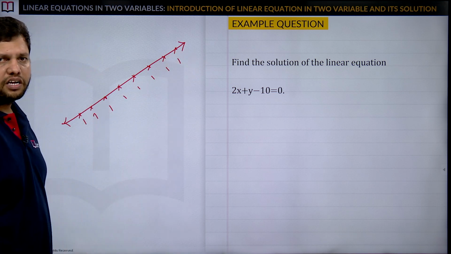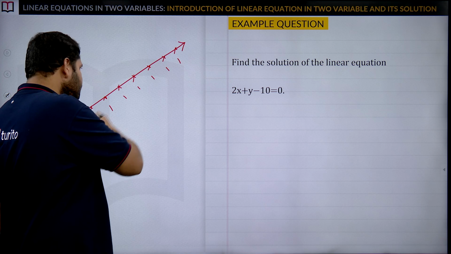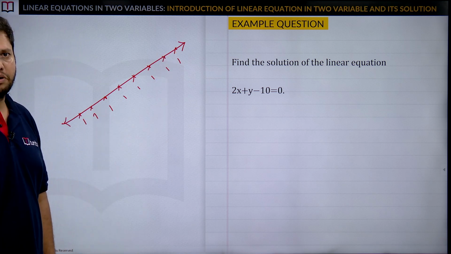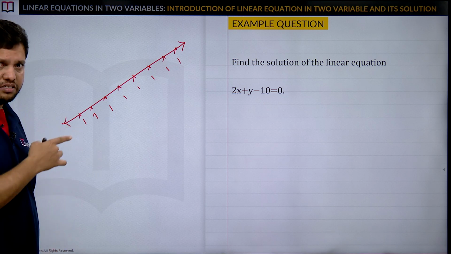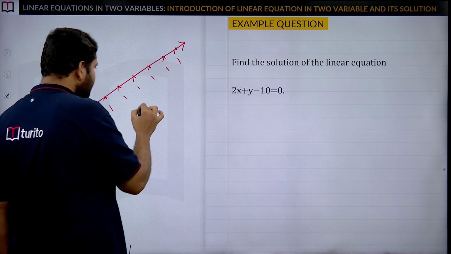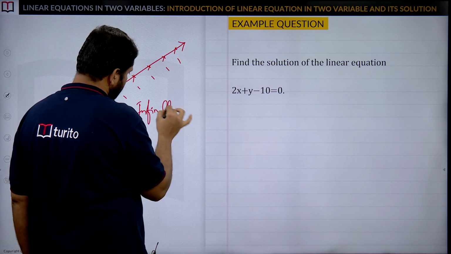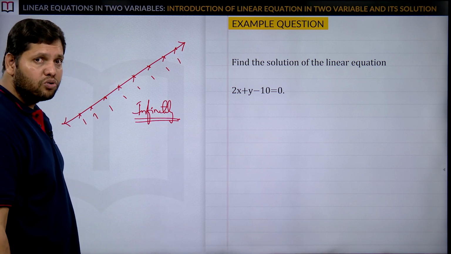And straight lines can be extended in both directions, children. We don't know the length of the straight line, isn't it? And a straight line has infinitely many points on it. Are you getting my point, children? If it has infinitely many points on it, can you tell me, children, how many solutions it has?